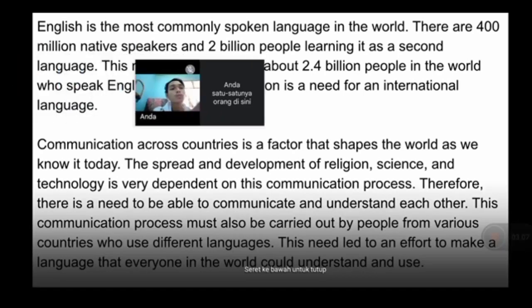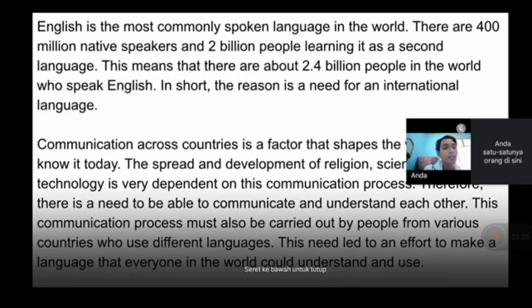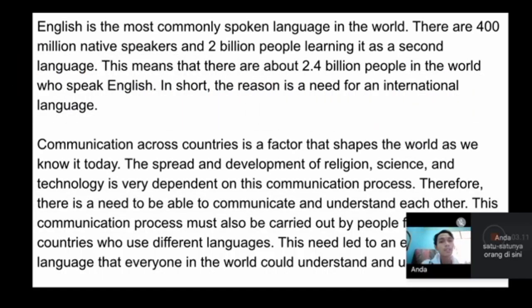Okay, let's move on to this, my error. So the first one is "English, the most commonly spoken language in the world." So my mistake is "the most", that is wrong.